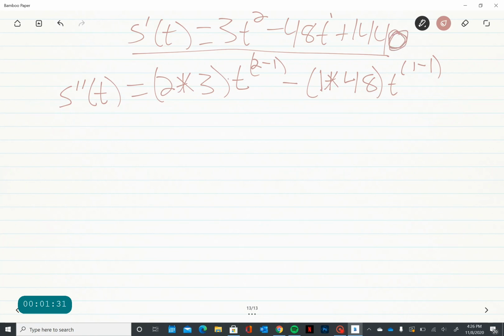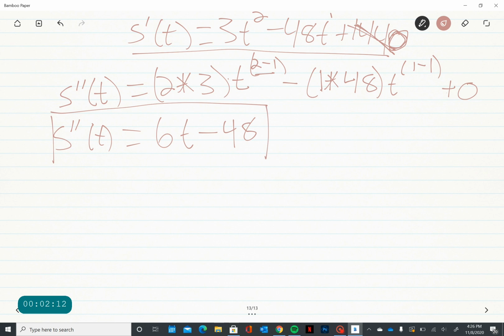So when there is no variable, it just cancels this constant out. So plus 0. Then we can simplify to 6t. 2 minus 1 is just 1, so we could just leave that as is. Minus 48, and the t drops off because 1 minus 1 is 0, and t to the 0 is just 1. So this is our acceleration equation.